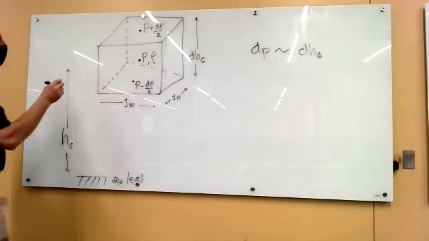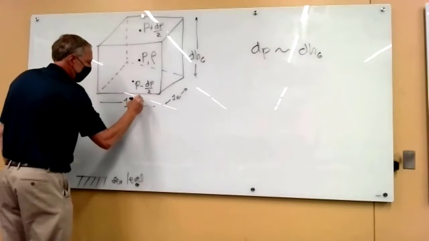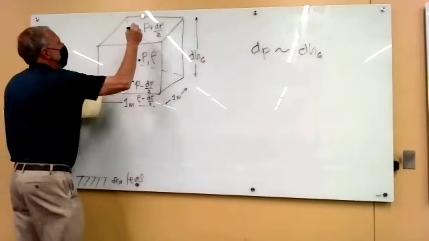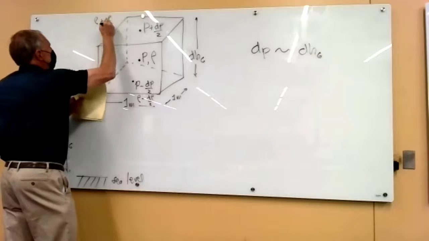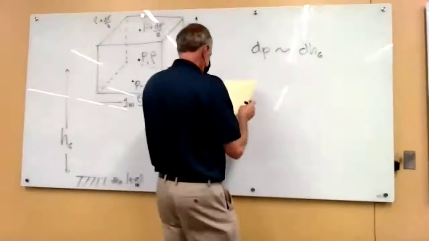All right, and we're also going to say the density changes, so let's write that in here next to the pressure. So the rho goes down by d rho, and up here the rho goes up. And then we're going to use Newton's law.